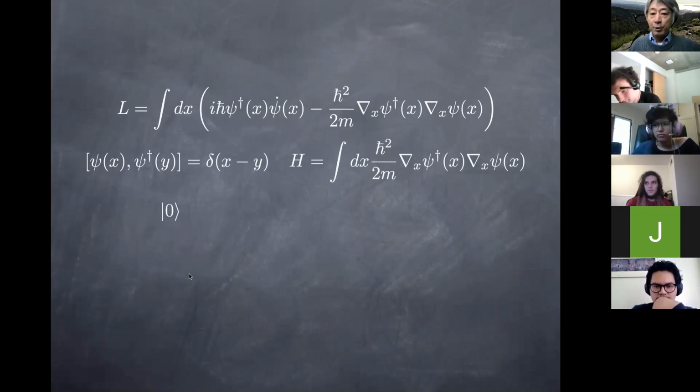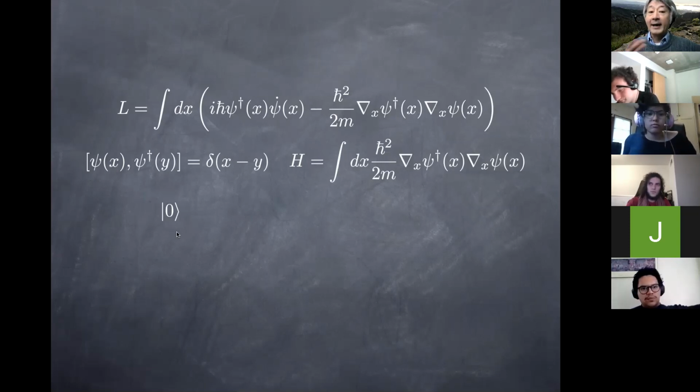And the way we use it is that once again, we have this vacuum state. The idea is that when you act psi of x, which is now the continuum version of an annihilation operator, then it vanishes. So psi of x is the annihilation operator at position x. If you act on a vacuum state, it annihilates the state.